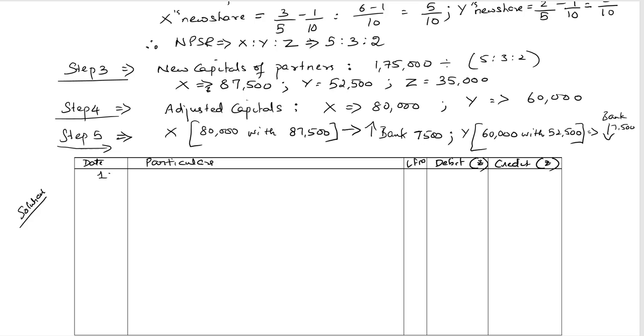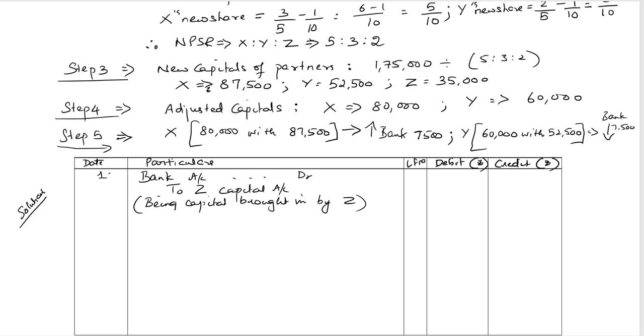The first entry is for capital, which is brought in by partner Z, the incoming partner. Bank account debit to Z's capital account, being capital brought in by Z. 35,000 rupees is the capital which is brought in by partner Z.